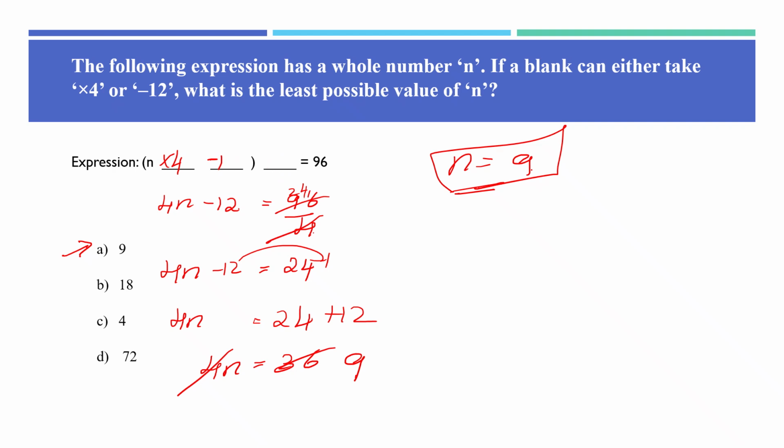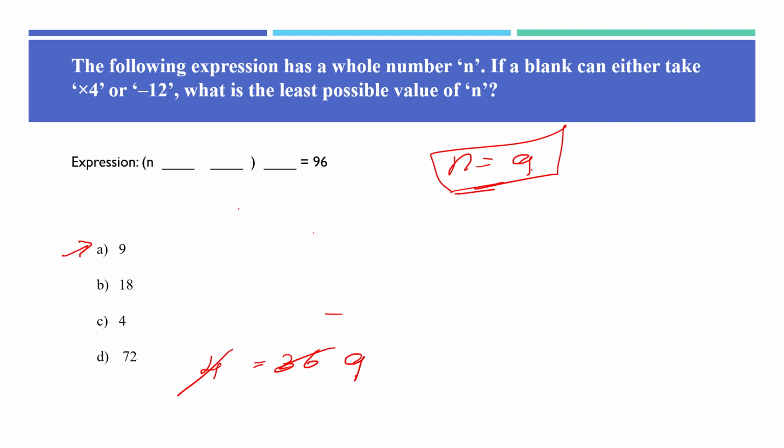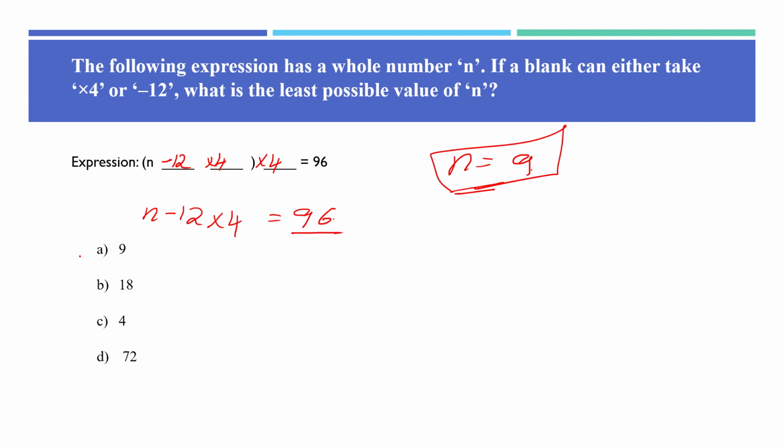Let me erase the whole thing first. Okay, n is 9 for now. The other possibility is minus 12, multiplied with 4, multiplied with 4. In that case, n minus 12. Here we're going to have 96 divided by 4.